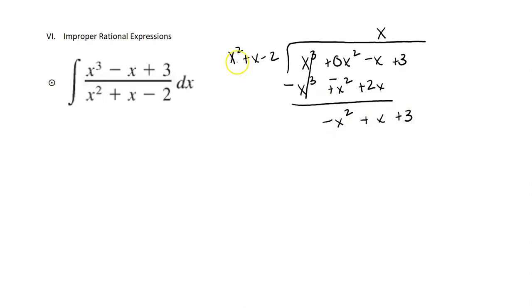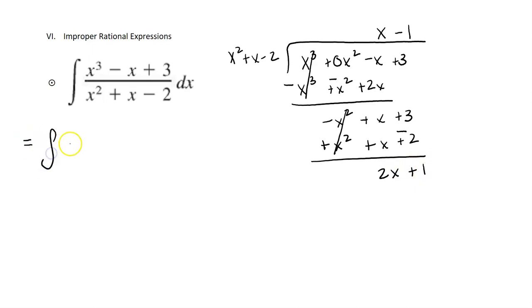Negative x squared divided by x squared is minus 1. So I multiply back through, negative x squared minus x plus 2, and change the sign to subtract. And then I get 2x plus 1. So what this means is that I'm really integrating x minus 1 plus (2x plus 1) over the denominator x squared plus x minus 2 dx.